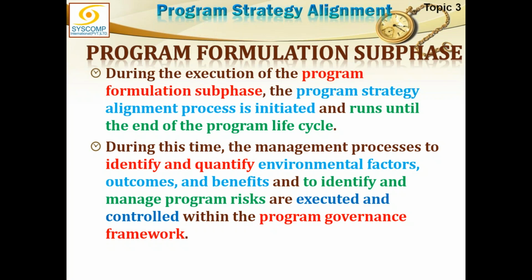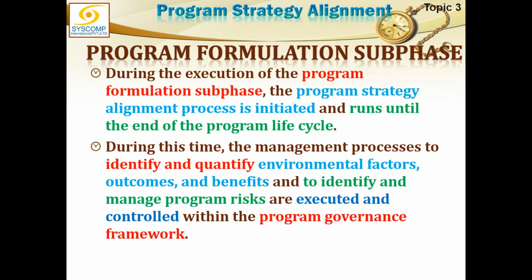This alignment will only exist if we do this project. During this time, the management processes to identify and quantify environmental factors, outcomes, and benefits, and to identify and manage program risk are executed and controlled within the program governance framework. Remember, the program governance framework is the ultimate book which we are supposed to be following, right?